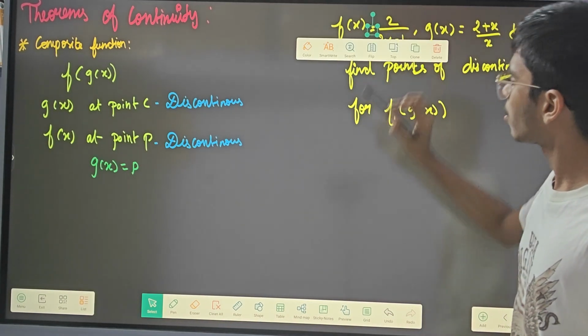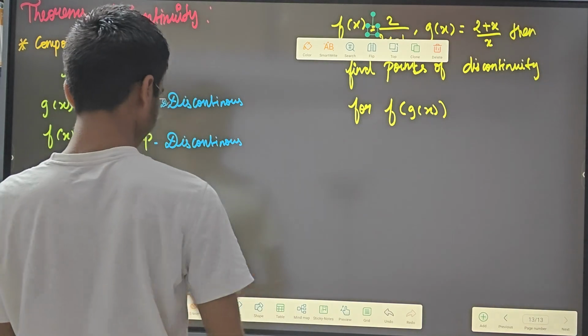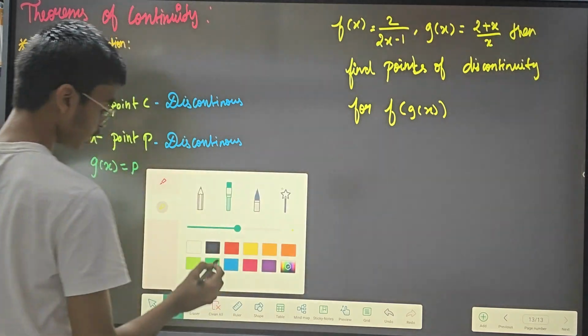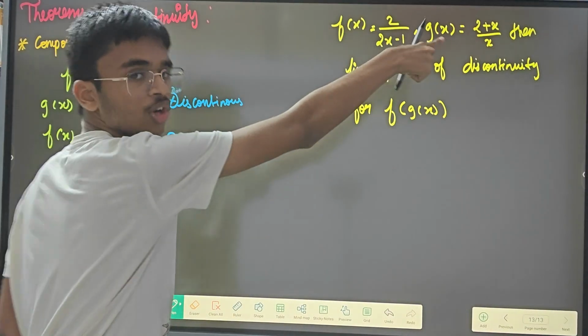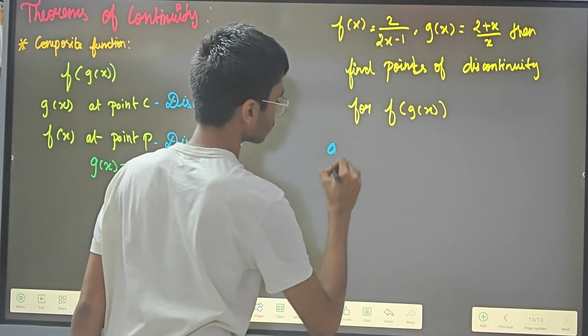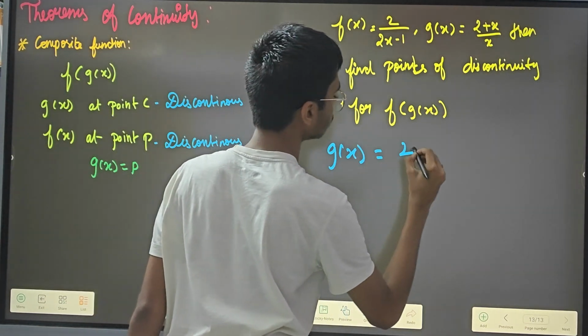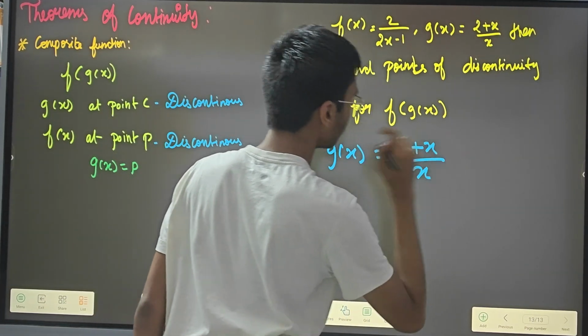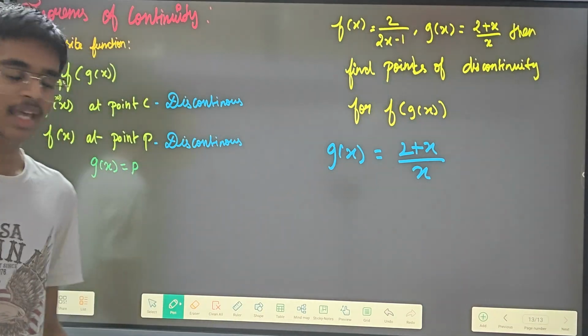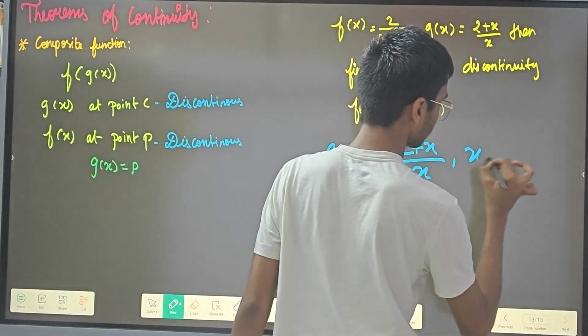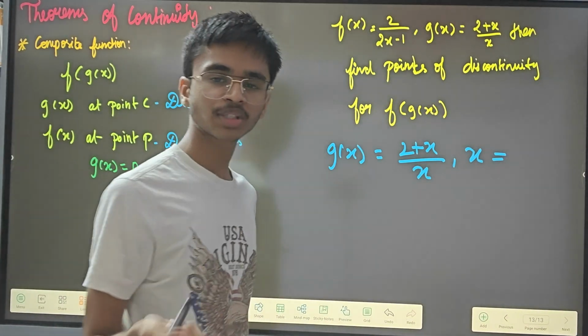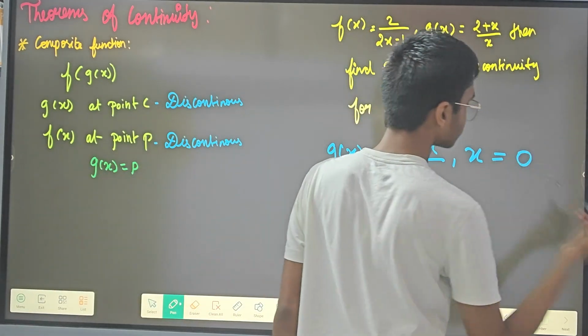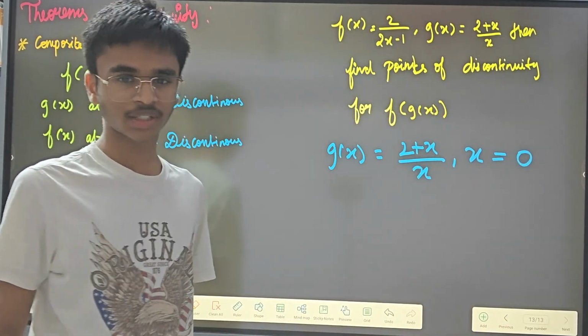So how will you calculate this? First you have to take g of x. So g of x is equal to (2 plus x) whole divided by x. So just by looking, even you can say that x should not be equal to 0. The point where x is equal to 0, it is discontinuous. It is actually an infinite discontinuity.